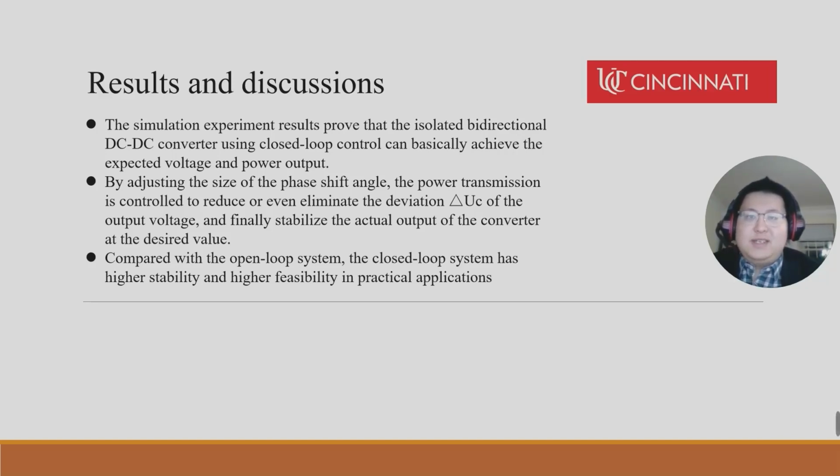By adjusting the phase shift angle, the power transmission is controlled to reduce or even eliminate the deviation delta UC of the output voltage, and finally stabilize the actual output of the converter at the desired value. Last, we compared with the open loop system. The closed loop system has higher stability and higher feasibility in practical applications.